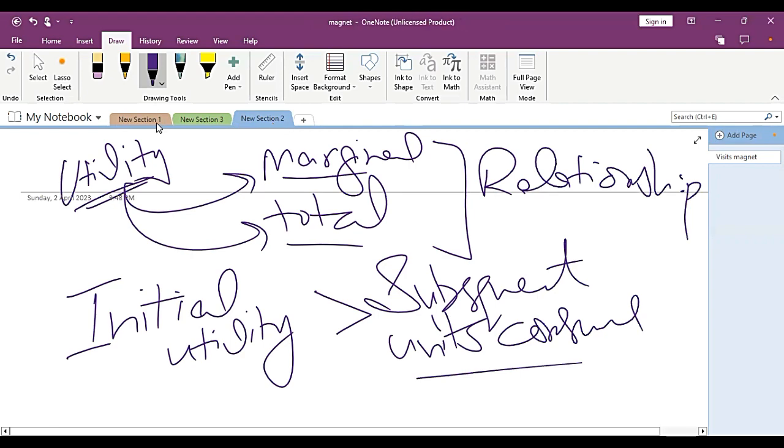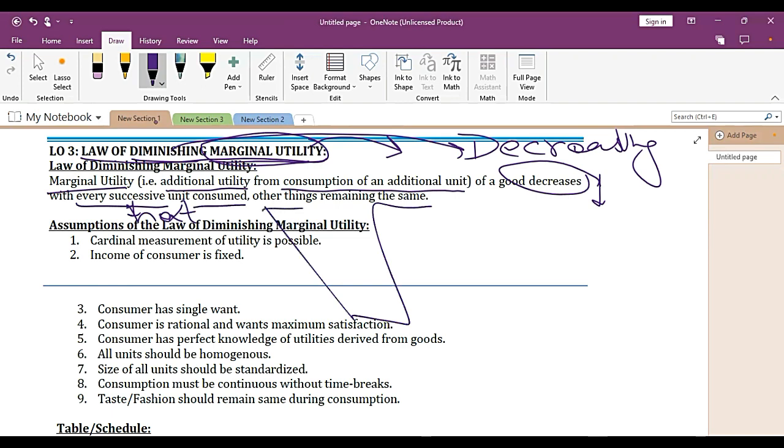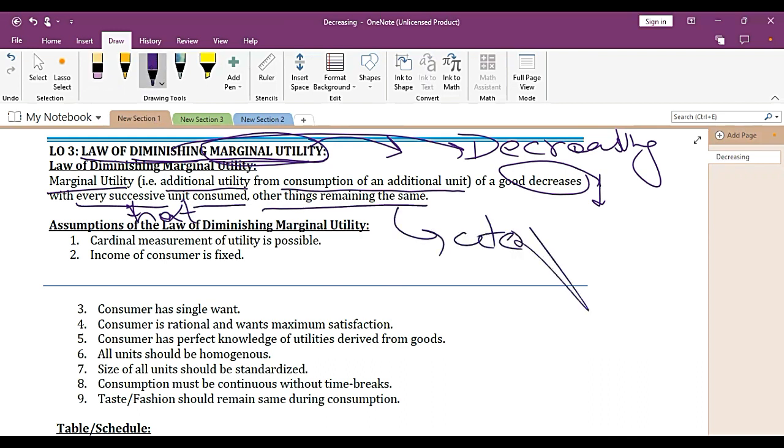Similarly, this law states that the marginal utility, that is the additional utility from the consumption of an additional unit of a good, decreases with every successive, means next, unit consumed if other things remain the same, which is also called ceteris paribus.